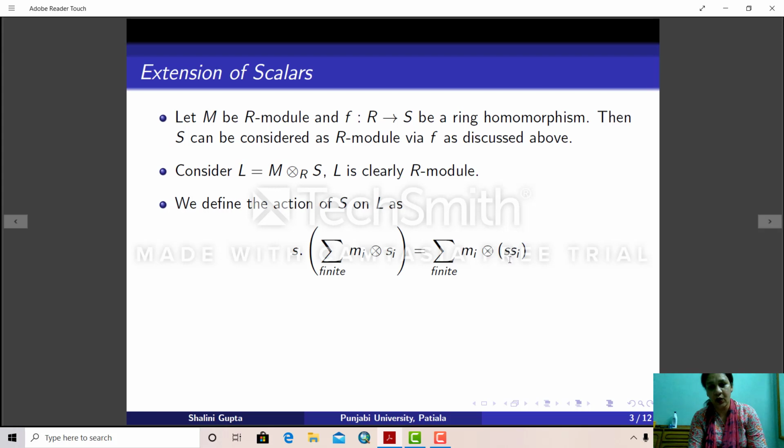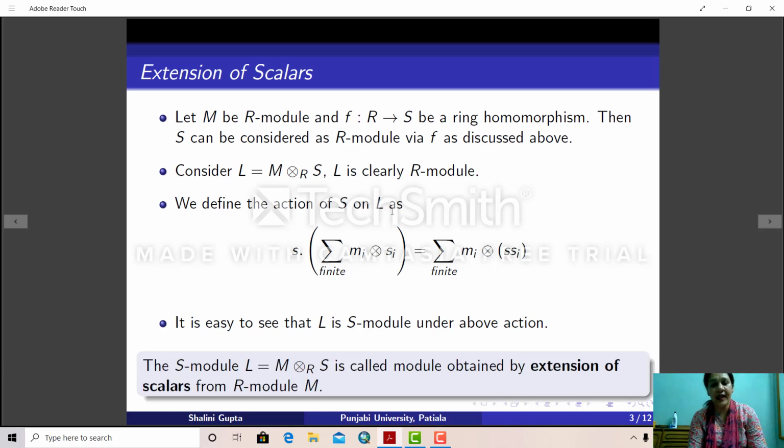Now this makes sense because s is an element of S and the s_i are elements of S, so s s_i will be elements of S. So it can be seen easily that under this action L becomes an S module. So this L is called the module obtained from the R module M by extension of scalars.